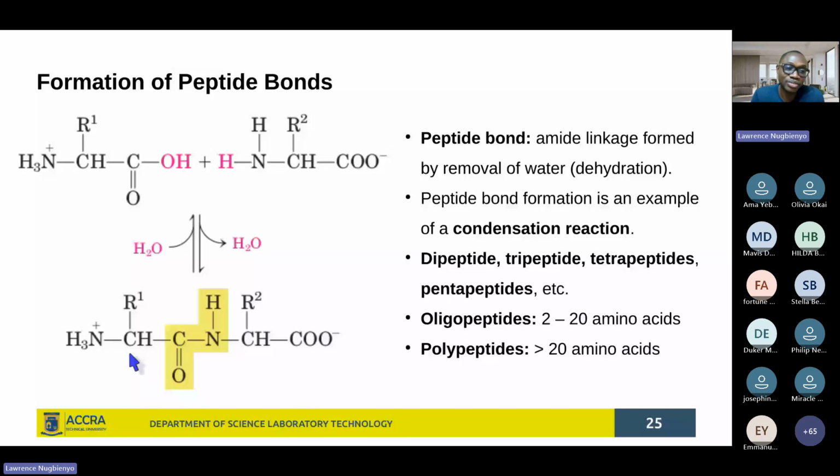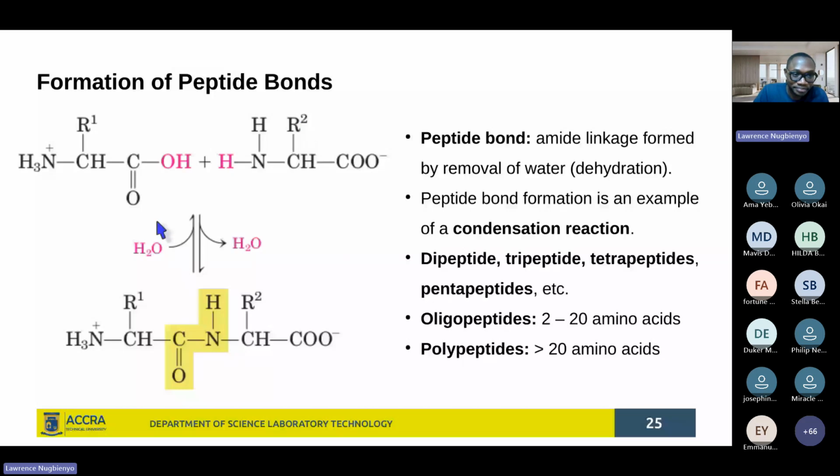So we take 2 amino acids, and one of the amino acids is having a side chain being represented R1. The second amino acid is having a side chain referred to as R2, more or less written like R squared.